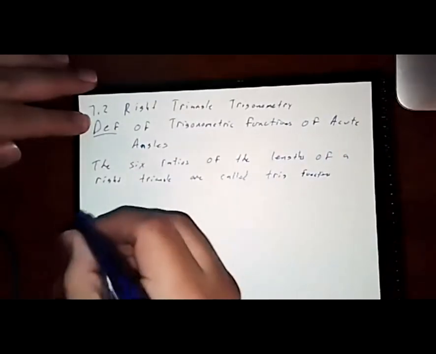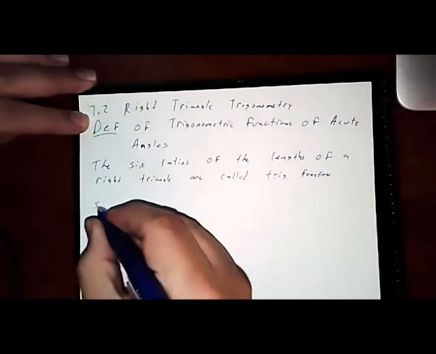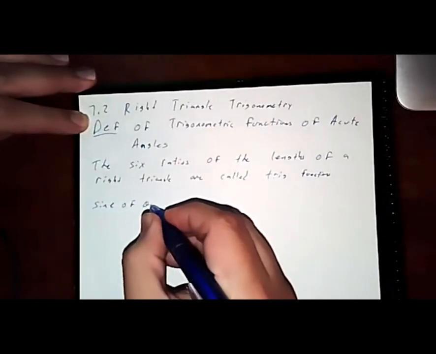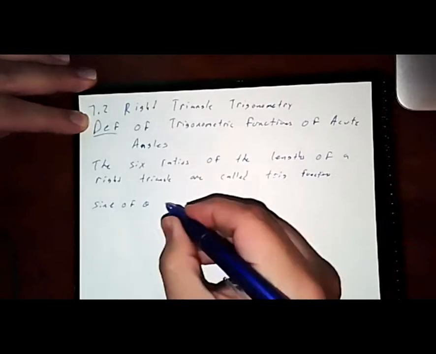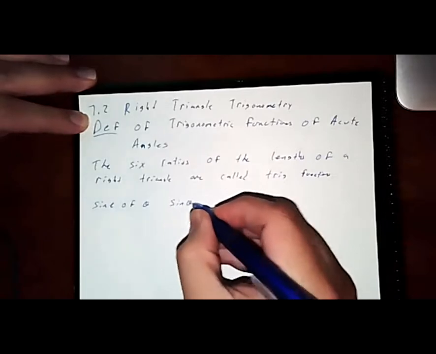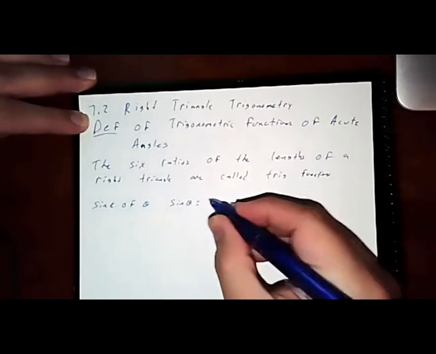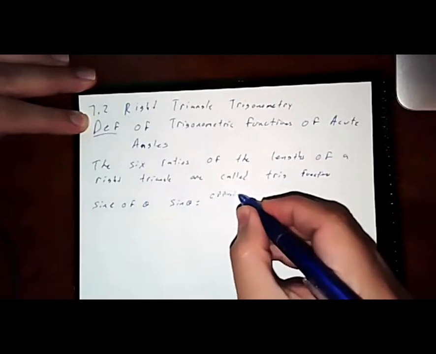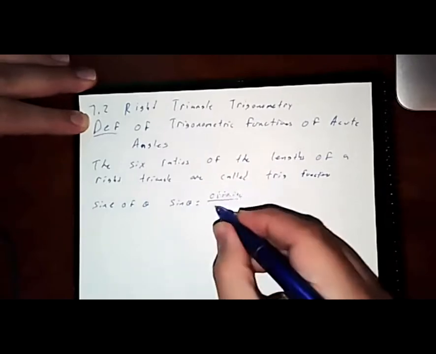Okay, so basically, the function sine of some angle theta is going to be written as sine theta, equals, or defined as, opposite over the hypotenuse.